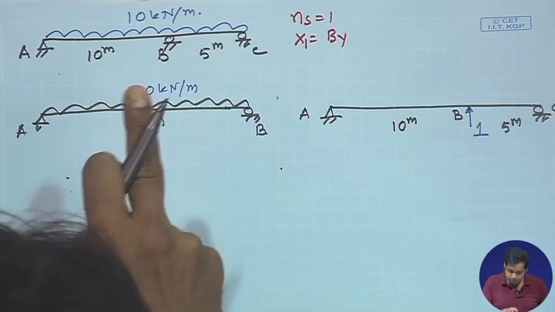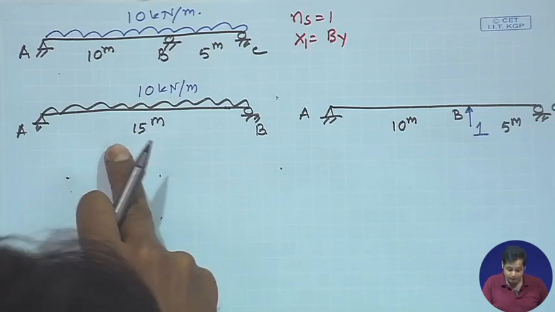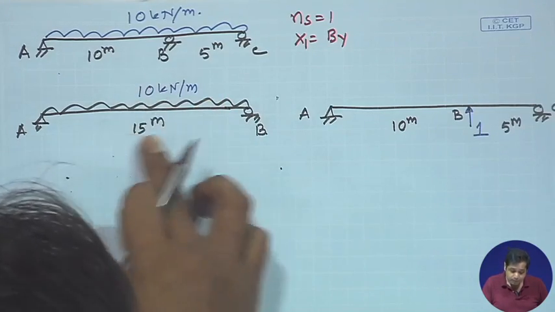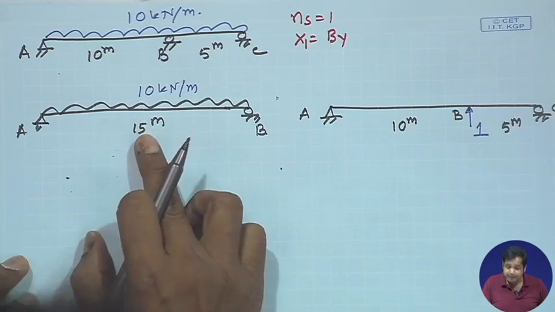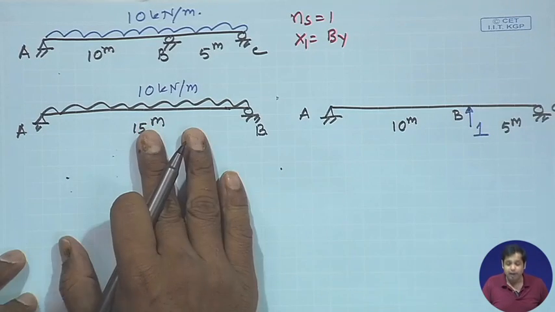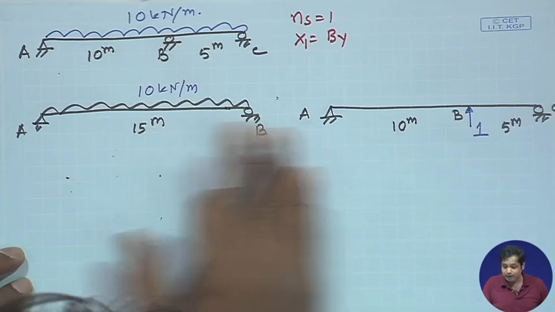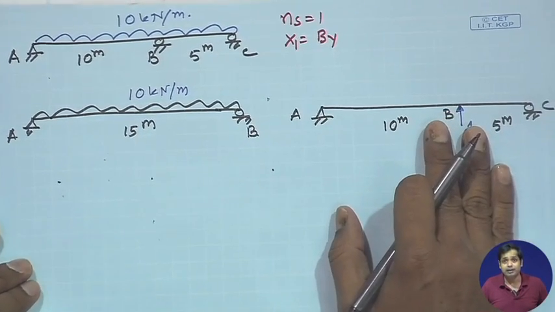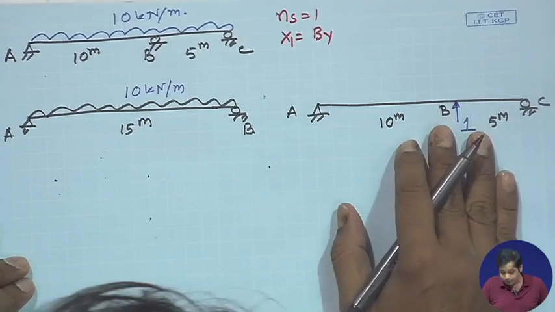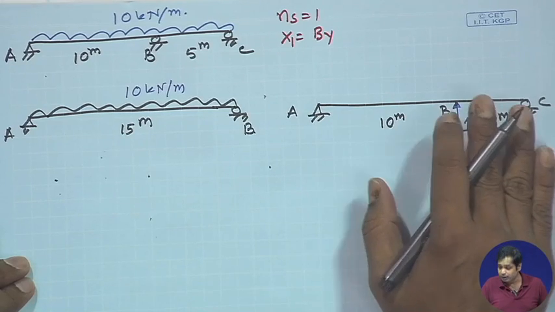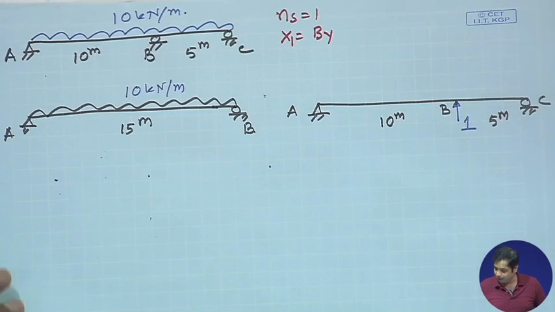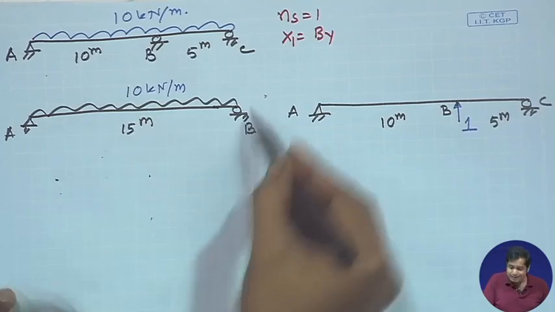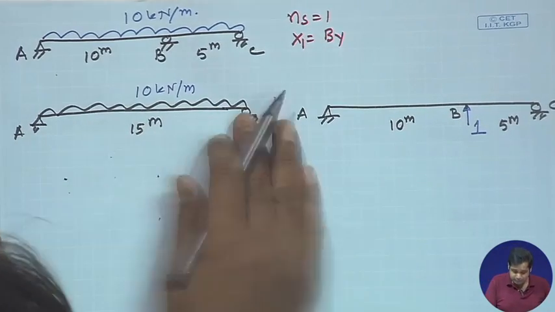Now, step 3 is to find out the associated deflection in the primary structure due to the external load, and step 4 is to find out the associated deflection in the primary structure subjected to the redundant force. Now, this is a simply supported beam which is subjected to UDL.